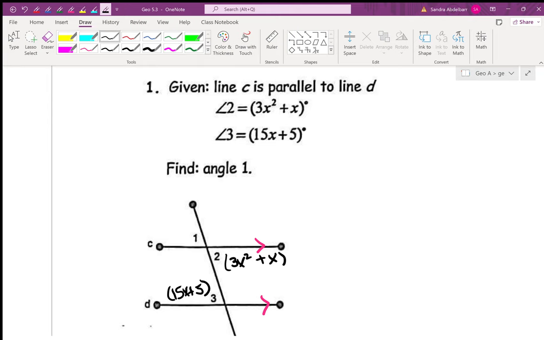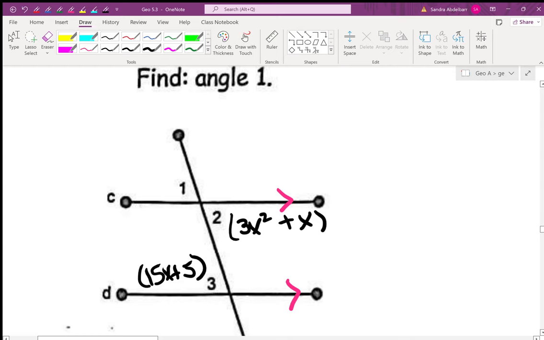Well, do we agree that angle 1 and angle 2 are the same? Why? Because they're both acute. If we're using the trick, they're both acute, but also what kinds of angles are they? Vertical. So if you like the trick, let me do it in a different color.